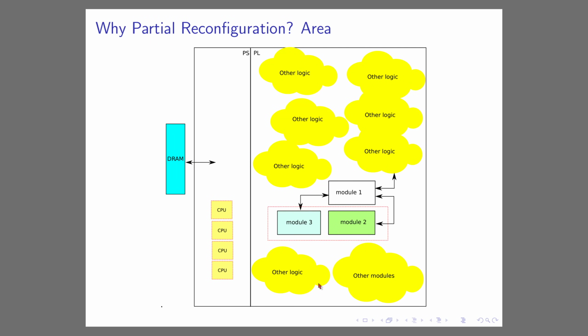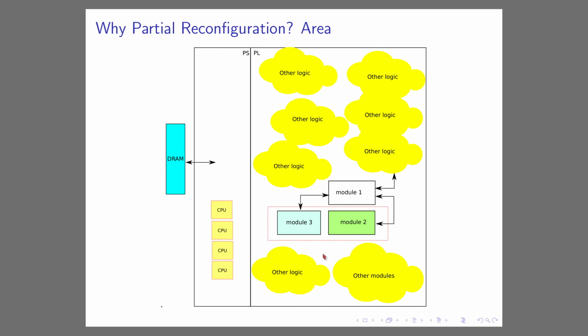Why do people do partial reconfiguration? One big reason is area. In the projects I have done, I have seen people usually use partial reconfiguration when they have the FPGA area completely full with different functions, but they need to push more functions inside the programmable logic.